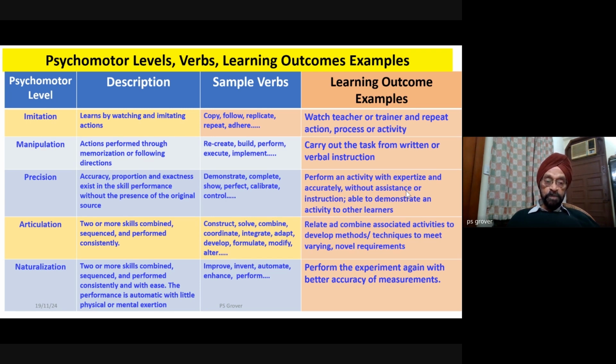Articulation, two or more skills combined. Naturalization, two or more skills combined, sequenced and performed, which means manually, for example, even car driving. When I'm driving a car, how many people can reverse the car and park it in parallel?